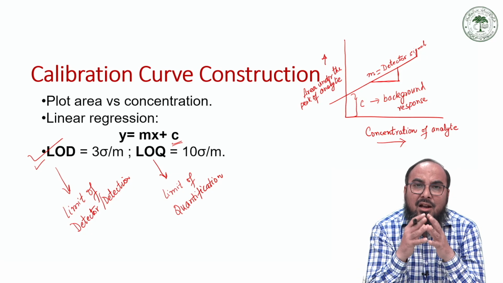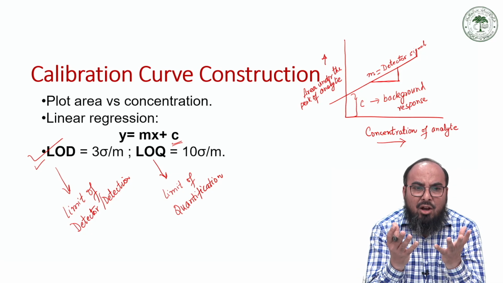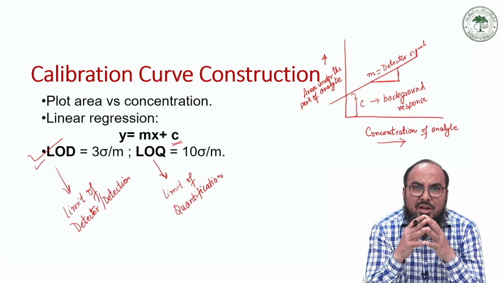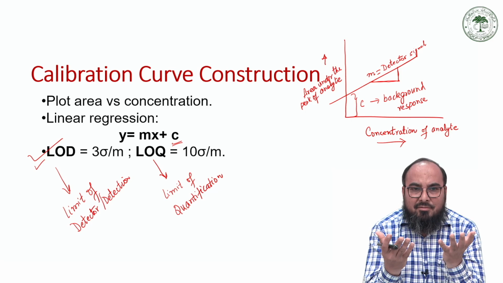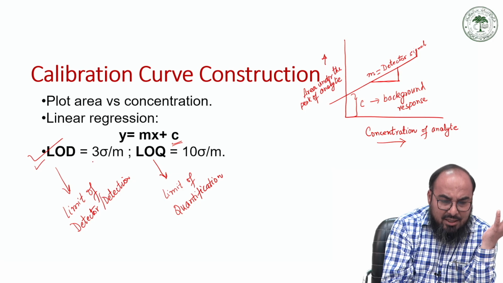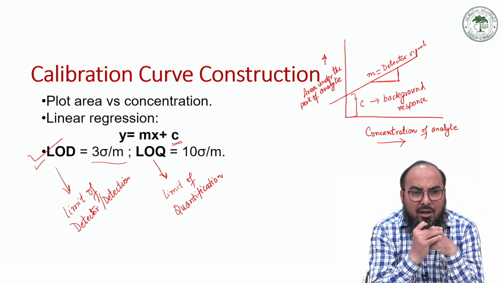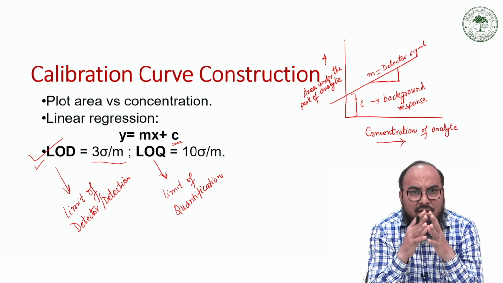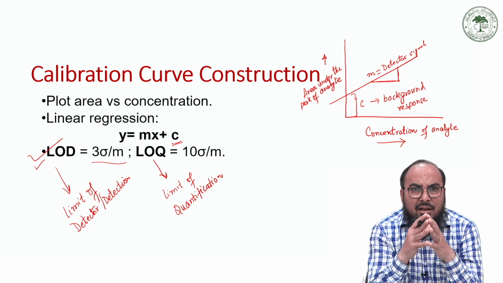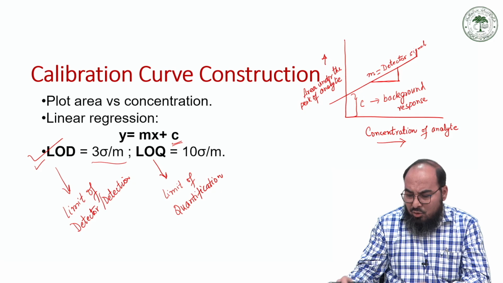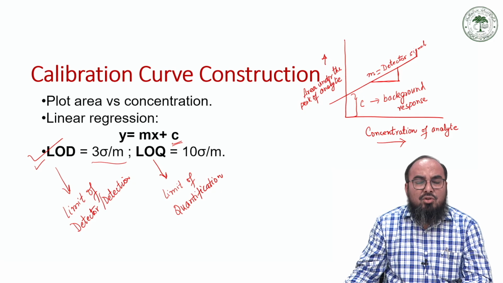That is called the limit of detection, LOD. Similarly, the limit of quantification is that minimum quantity which can also be depicted via a peak. That is why you can see it is 3 sigma upon m and this is 10 sigma upon m. And we are going to use these equations in our next slides, where we are going to do some numericals.